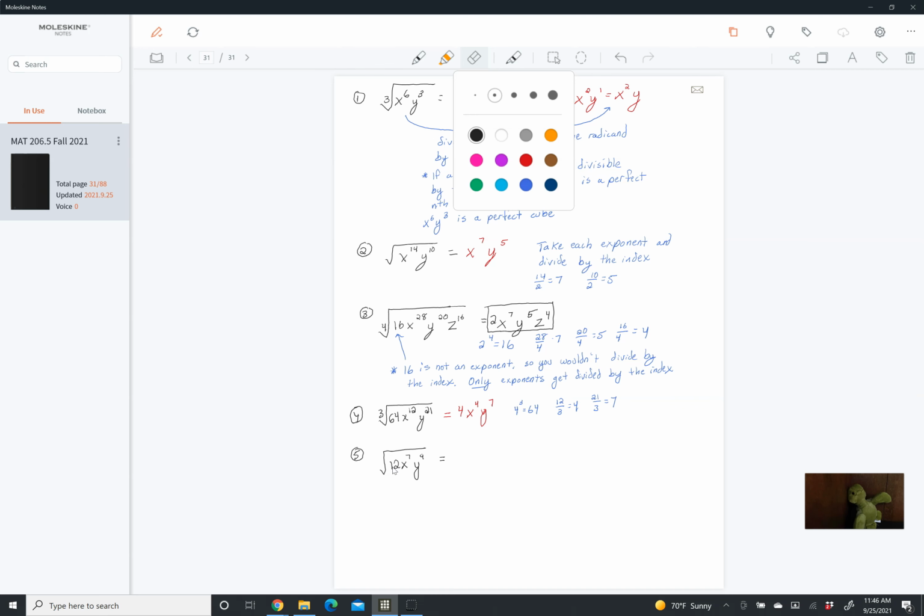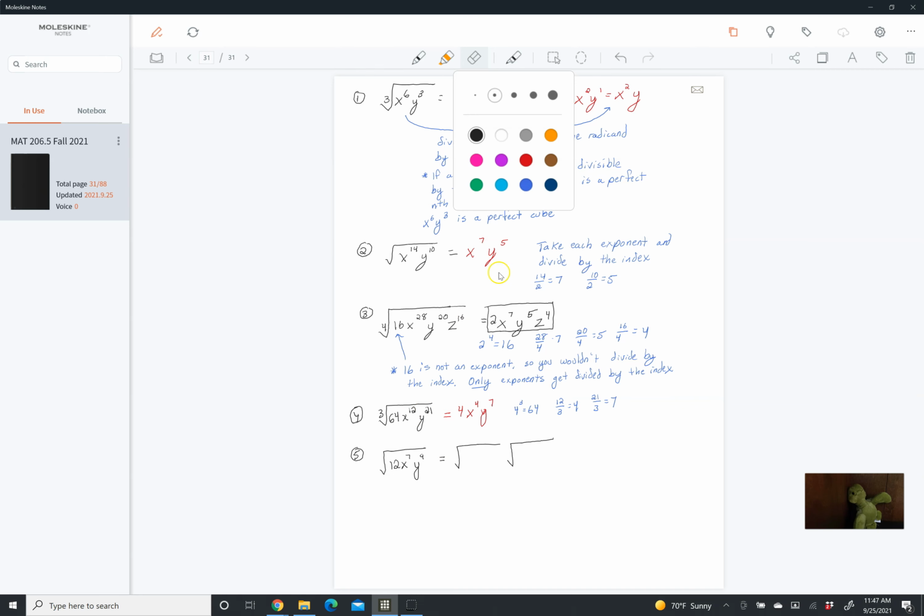So what we're going to do is we're going to split this up into two radicals. The first one is going to be a radical that is a perfect square. And the second one is going to be whatever is left over.